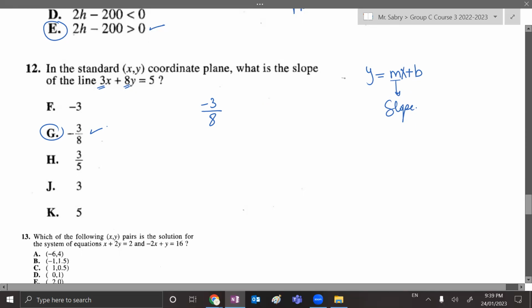If it's written in the slope intercept form لو ال y في ناحية لوحدها ساعتها ال m يبقى السلوب. بس لو ال y مش في ناحية لوحدها وال x وال y are on the same side then السلوب بيكون negative the coefficient of x over the coefficient of y. This is an extremely important rule to remember, please. It makes things way easier.